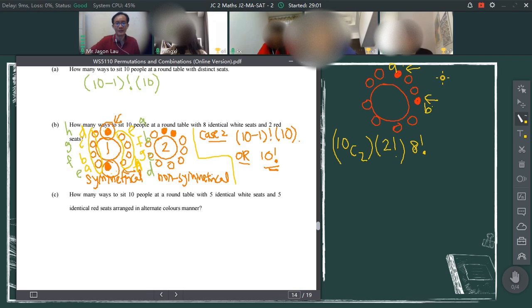Can we move to part C? How many ways to sit 10 people at a round table with 5 identical white seats and 5 identical red seats arranged in an alternate color manner? Now it's very precise.